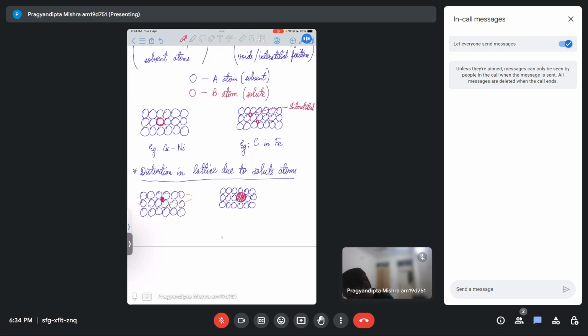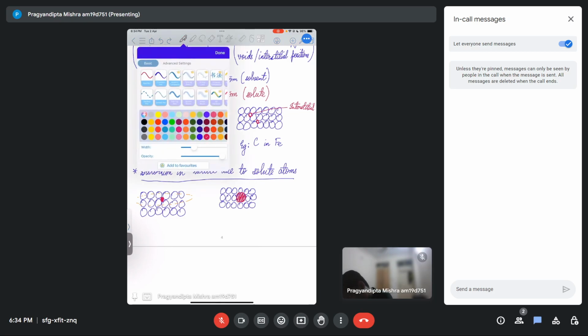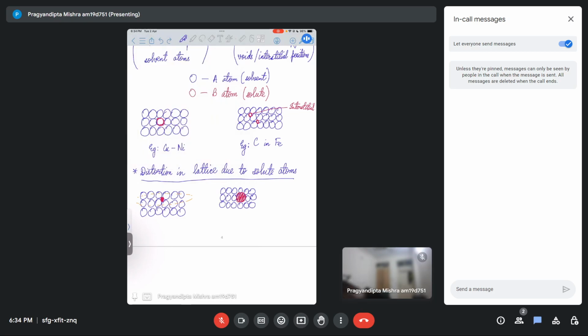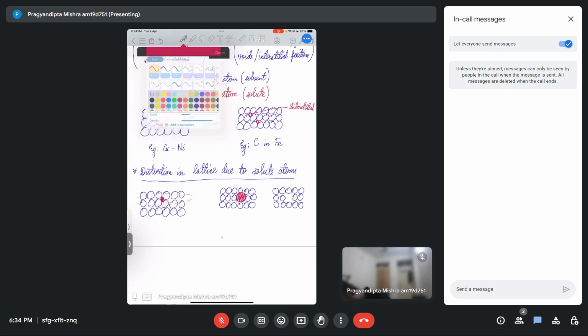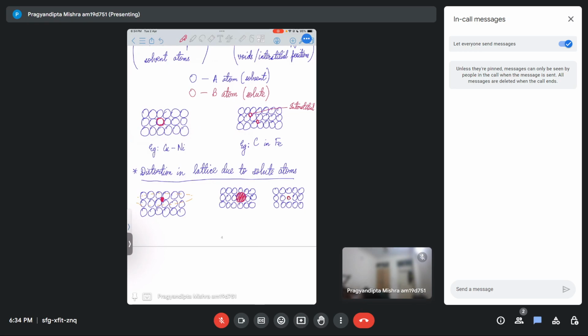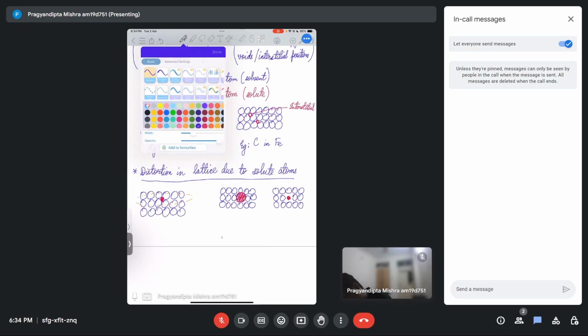So this is my solute atom, the shaded one in red. And then we can also have a setup where it is smaller. Then the other atoms around it will try to compress and come inside.